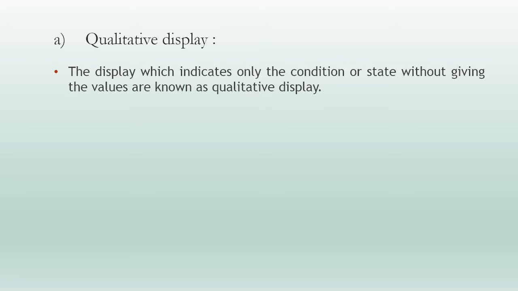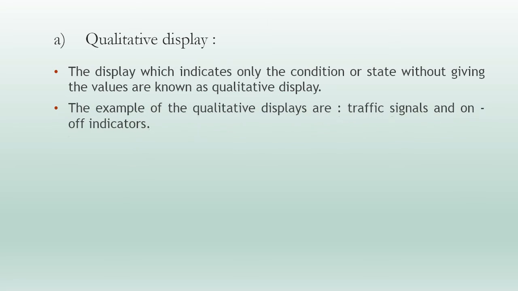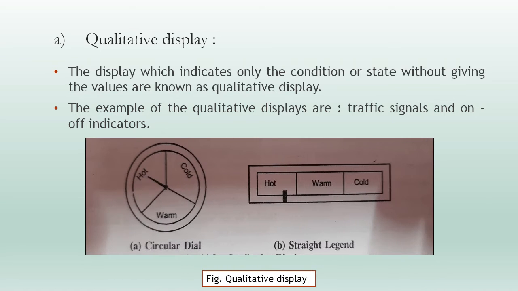The best examples of qualitative displays are traffic signals and on or off indicators. In this figure you can see the circular dial and the state legend, in which only hot, cold or warm temperature can be shown but not the degree of that temperature.